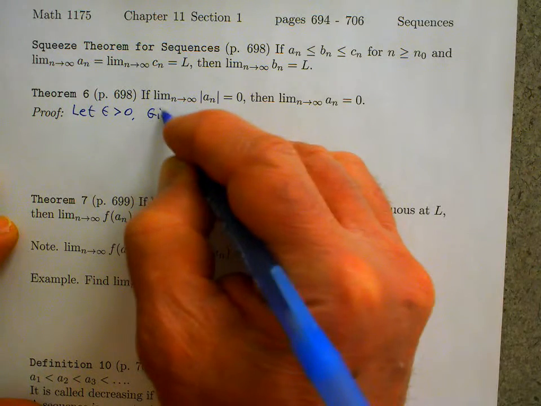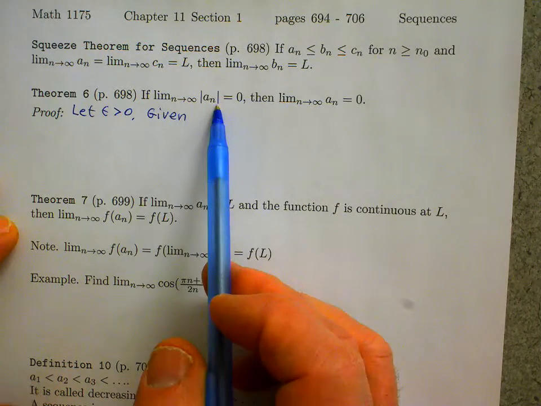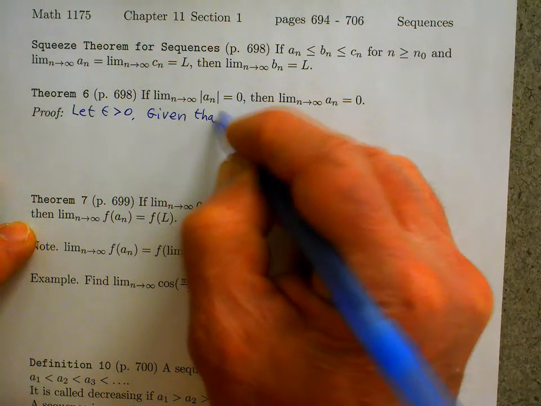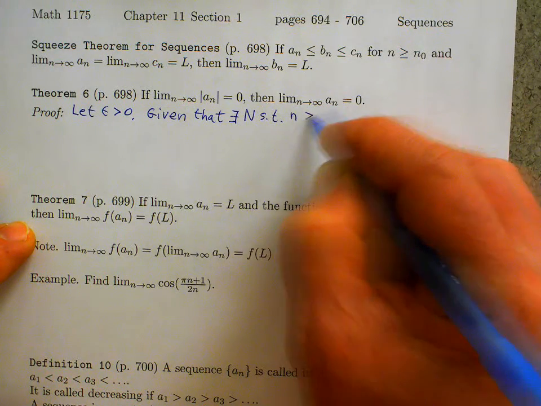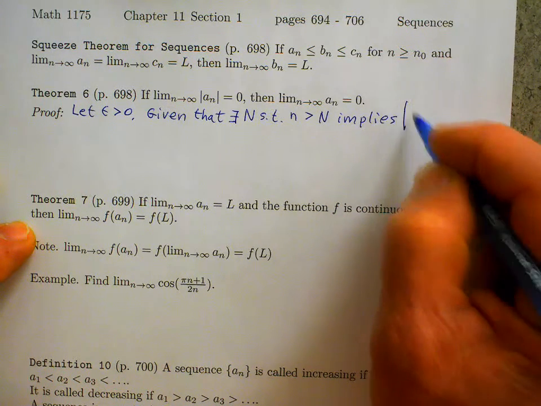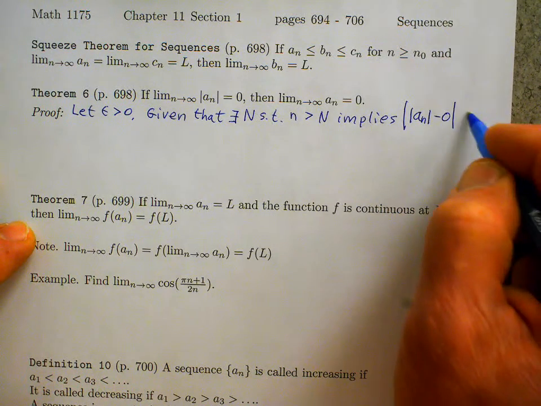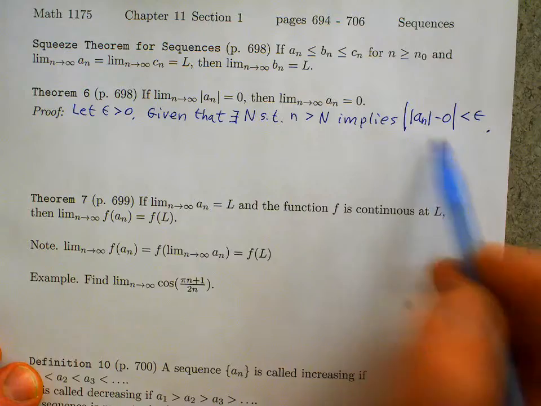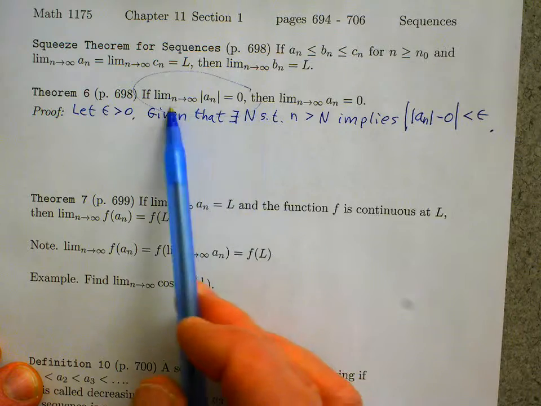Since we're given that the limit of the absolute value of a sub n is equal to 0, there exists a capital N such that lowercase n greater than capital N implies that the absolute value of the absolute value of a sub n minus 0 is less than epsilon. So this is what it would mean for the limit of the absolute value of a sub n to be equal to 0 as n approaches infinity.